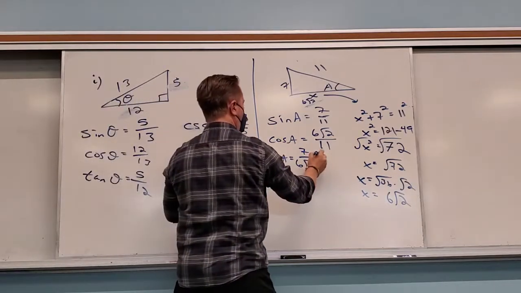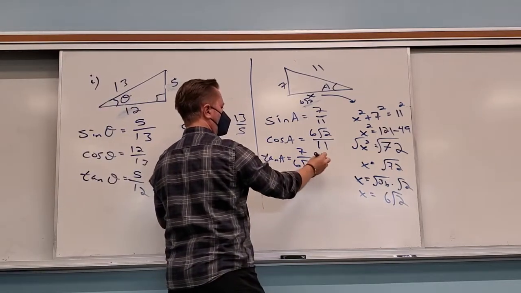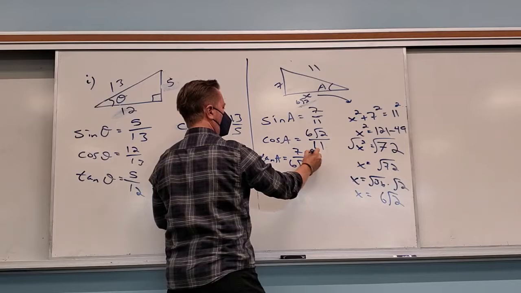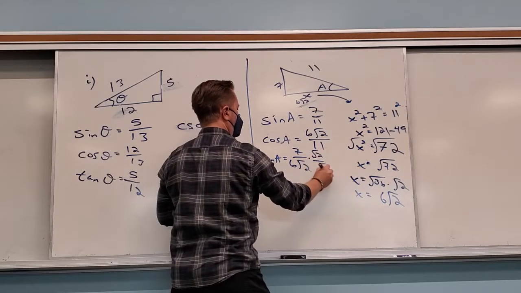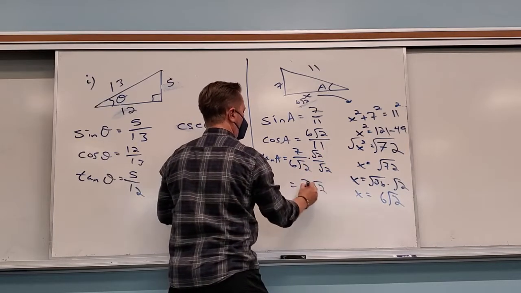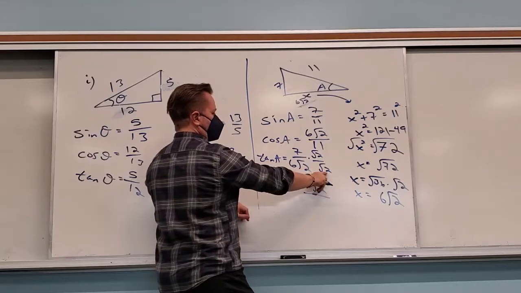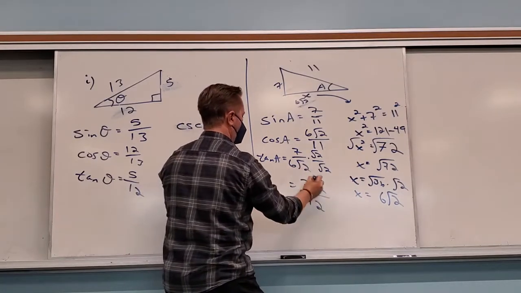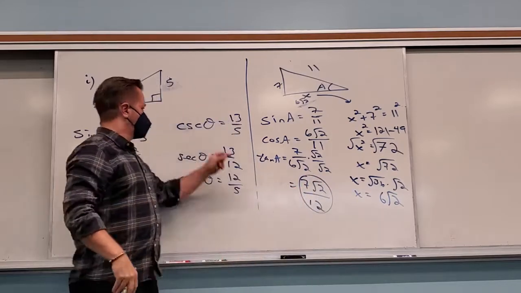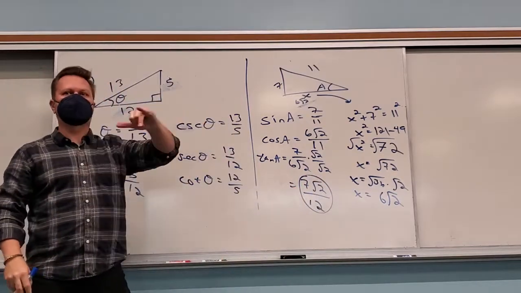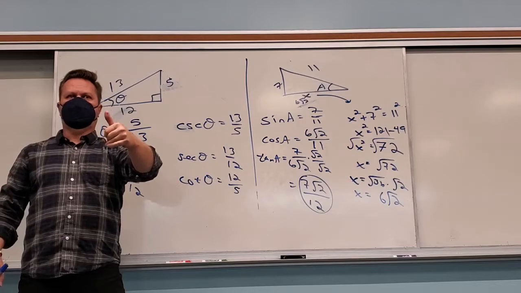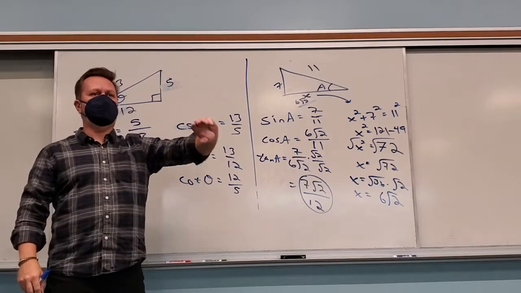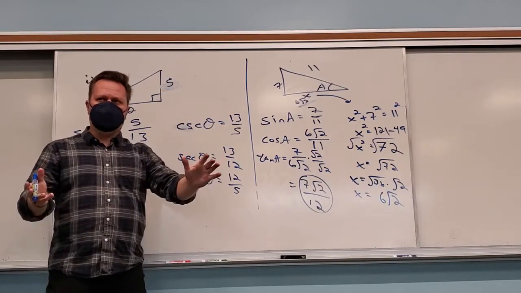So what do you multiply by to make this become rational? Square root of 2. So then I would get 7 square root of 2. What's square root of 2 times square root of 2? 2. So 2 times 6? 12. So that would be tangent. And then, of course, you do the other ones just by flipping those around. Yes? Is that cool? So once you get the first 3, the other 3 are just flip, flip, flip. Rationalize where you need to.